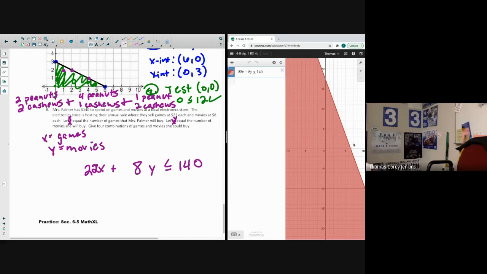All right, so we can pick just any ordered pair that's in there, right? So let's say we wanted to buy as few X's as we could, but mostly Y's, right? So we'd look maybe like here at 1 comma, what's that go up to? 1 comma 14, it looks like, is in our shaded region.